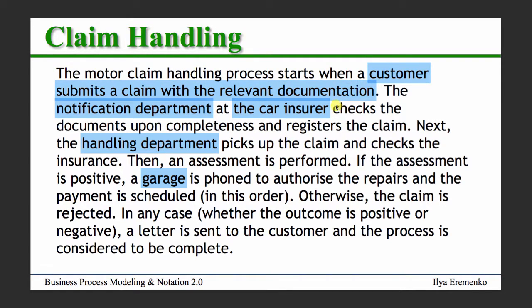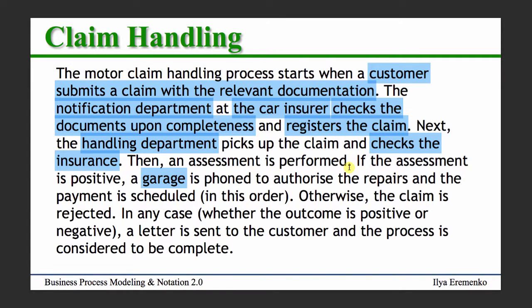Then we check the documents upon completeness and then we register the claim. After that, the handling department picks up the claim and checks the insurance. So check the insurance is going to be another of our tasks. Then an assessment is performed. If the assessment is positive, a garage is found to authorize the repairs and the payment is scheduled.